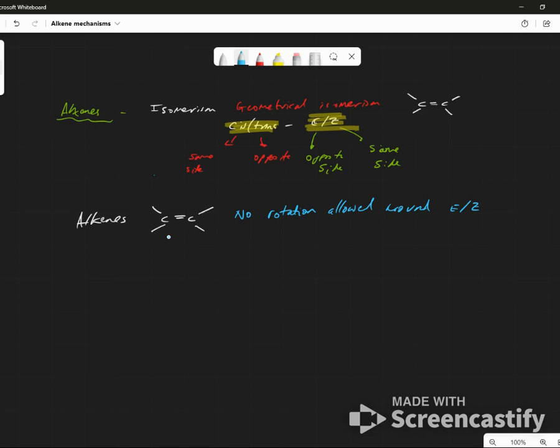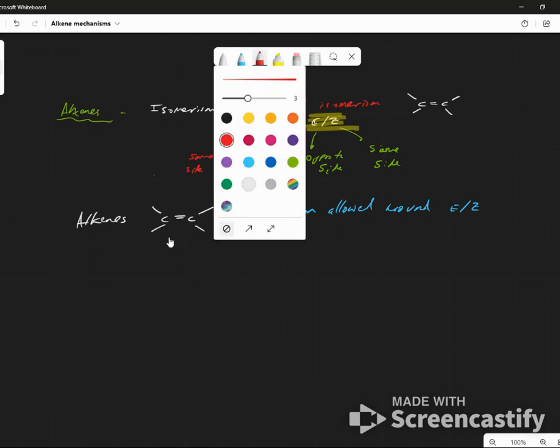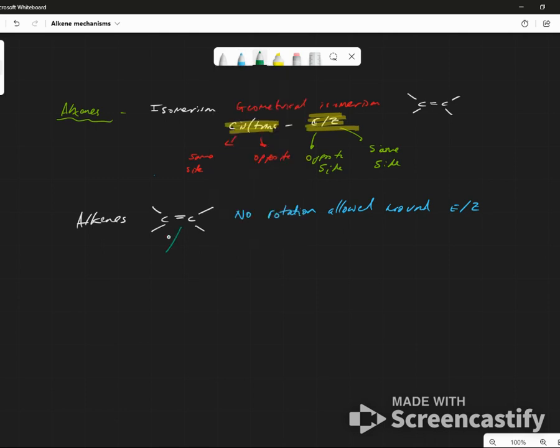Okay, now more interestingly, is this area here where the double bond is, we have a high density of electrons. So often in chemistry we call this area electron rich. Okay, so the double bond itself has a high density of electrons.